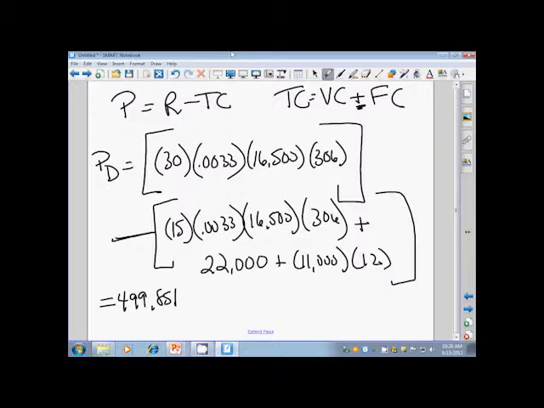I am going to subtract what's in the brackets. 15 times 0.0033 times 16,500 times 306.